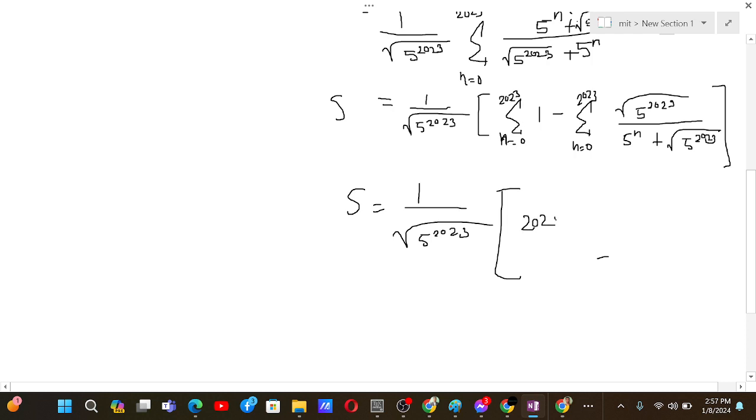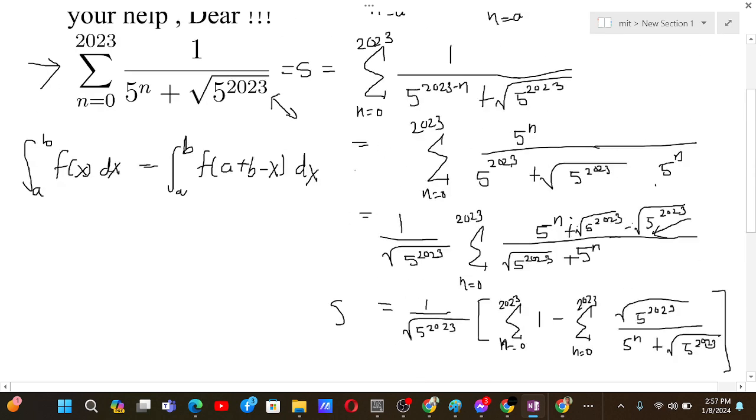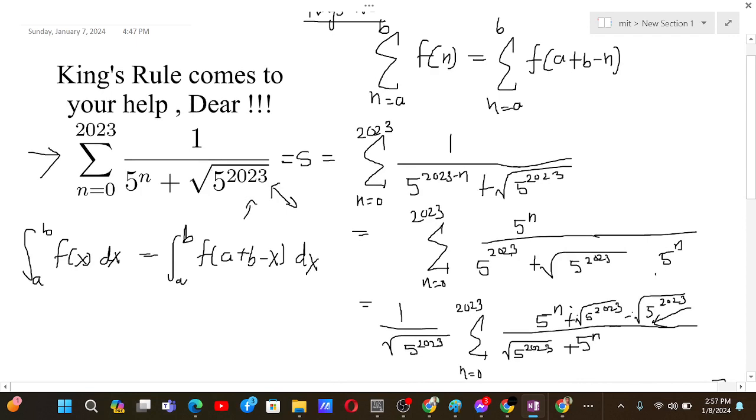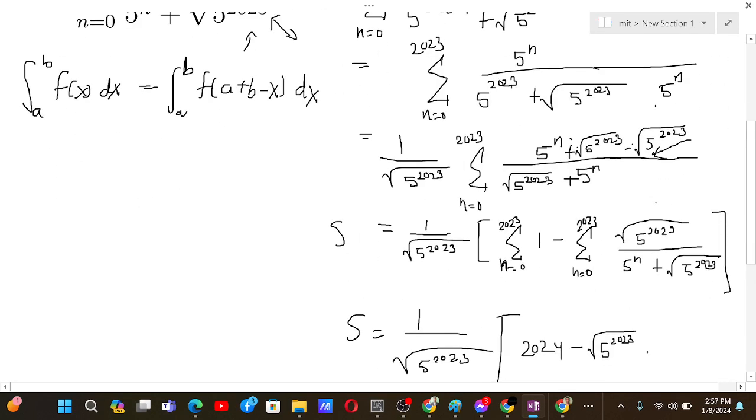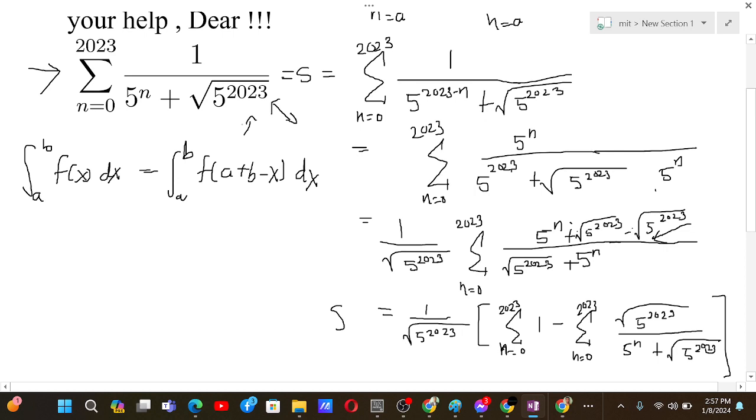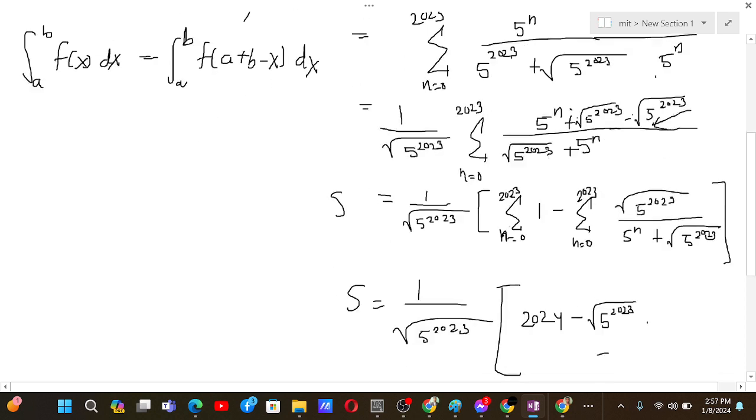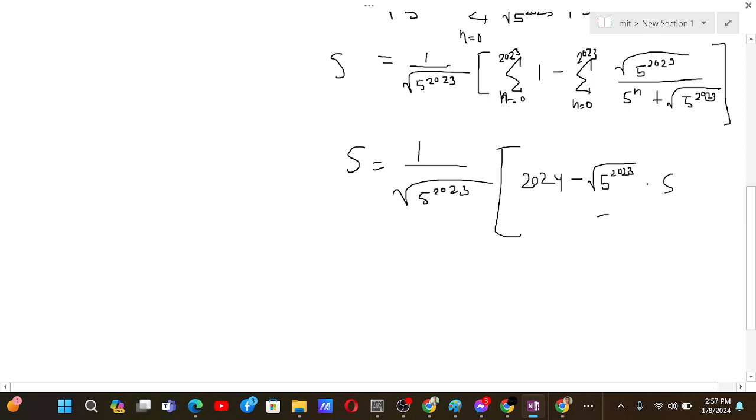So there's 2024. If you take square root of 5 to the power 2023 as a constant and take it out of the sum, the remaining expression is just our original sum itself. So that's how it was helpful. Basically, King's rule most of the time helps in a similar way.